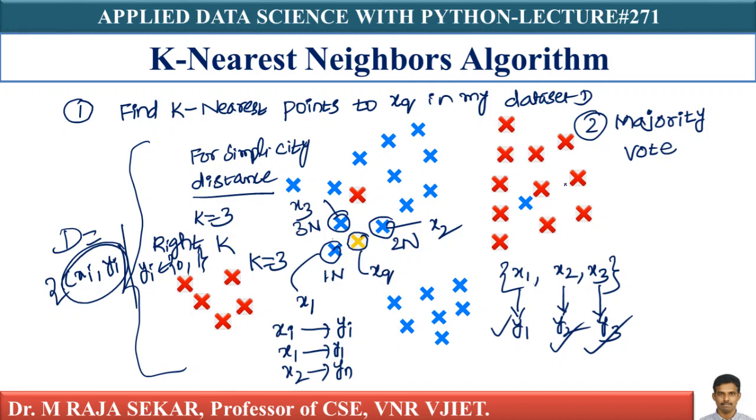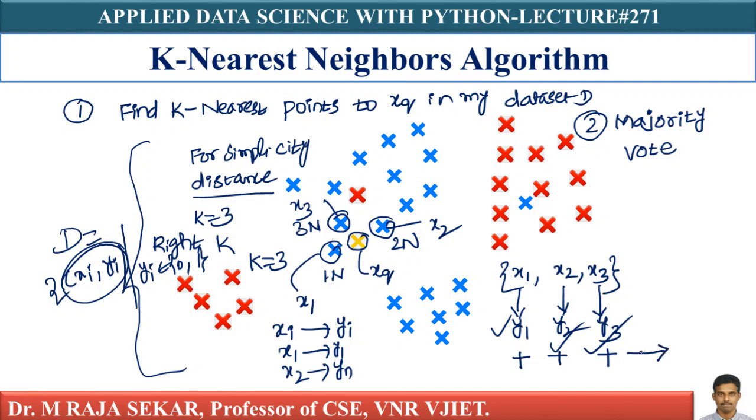We will try to understand. You have y1, y2, y3. Let's understand majority vote. It's a very simple idea. If my y1 is positive, y2 is positive, y3 is positive, what is the majority vote here?